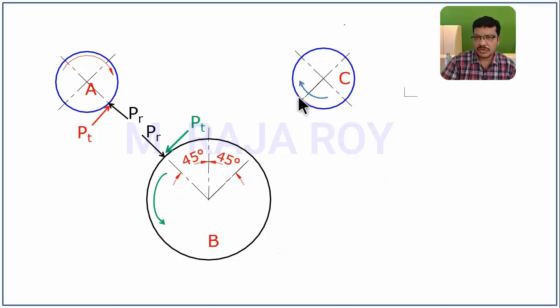Here you will get the force in this direction, that is PT dash. This is the force, means opposite reaction will be there on gear wheel B in the opposite direction, that is PT dash. Separating force is transferred to gear wheel C like this, PR dash. Reaction will be there on this, that is PR dash.